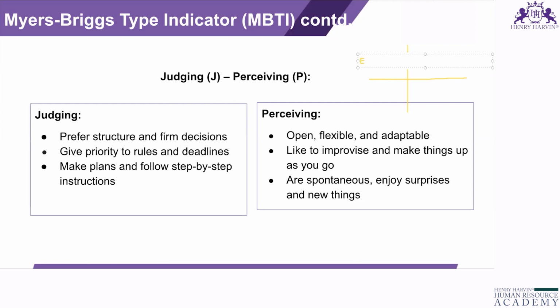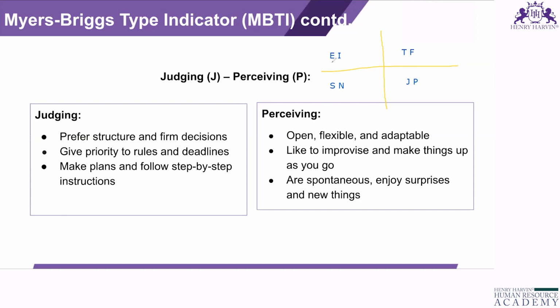E and I, then sensing and N for intuition, then thinking and feeling, and J and P. So there will be combinations.